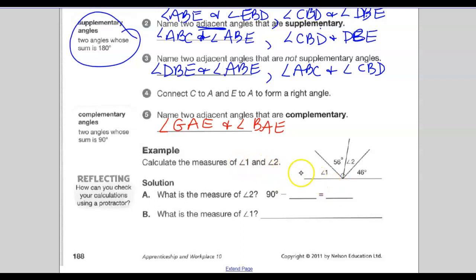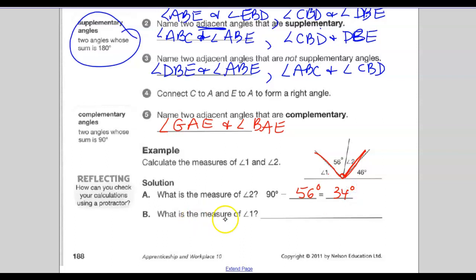So it says calculate measure of angle 1 and angle 2. So take a look here. Here's a little 90-degree symbol between this line here and this one. So that means that those are complementary. So angle 2 is 90 minus 56, that looks like. And so that's going to be 34 degrees.